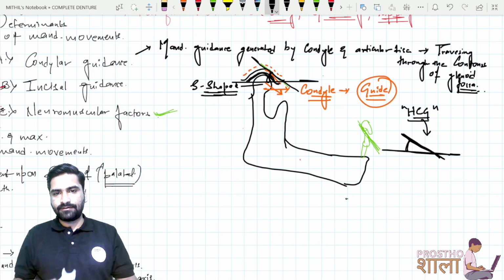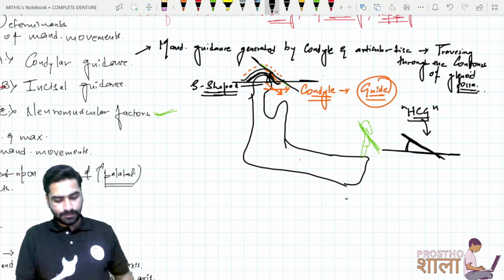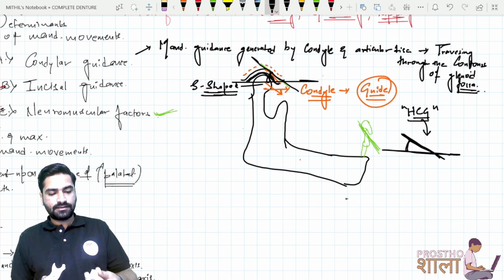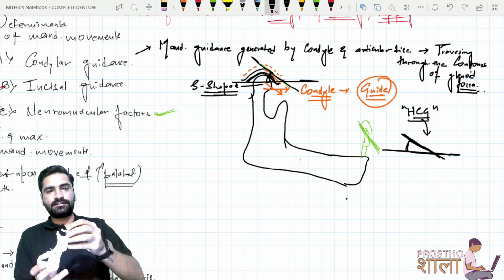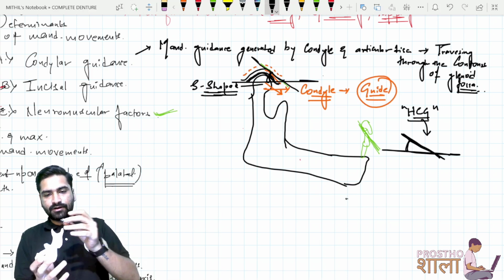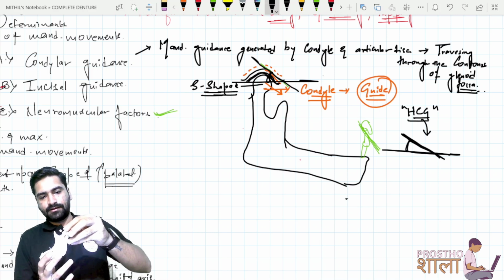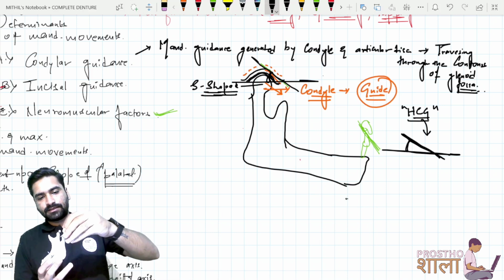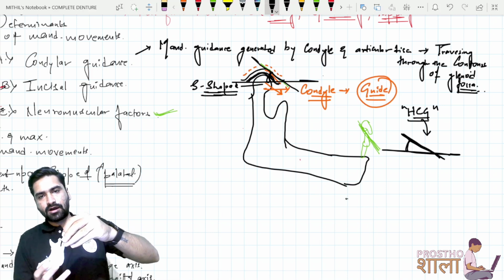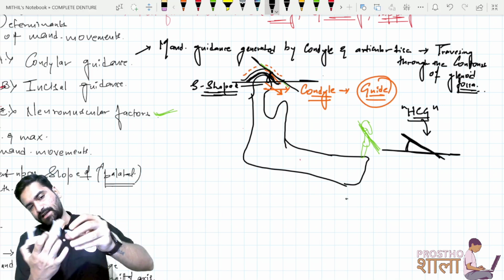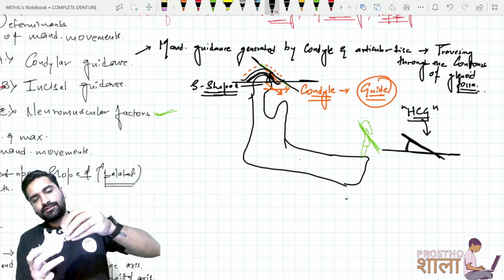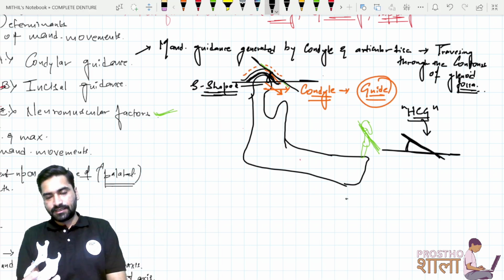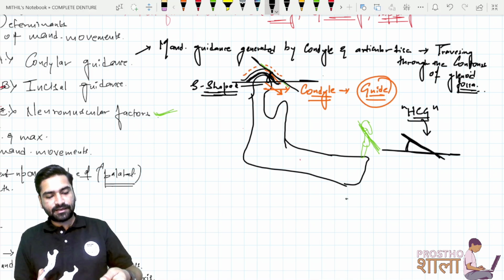So suppose I will just represent with a mandible model. Yeah, so imagine this is your glenoid fossa, the silver thing if you can see. Now this is the condyle, right? Now when the mandible is passing through this slope in and out, right, this slope formed by the inner surface of the glenoid fossa is your condylar guidance. It has a specific angle through which it is anatomically oriented.